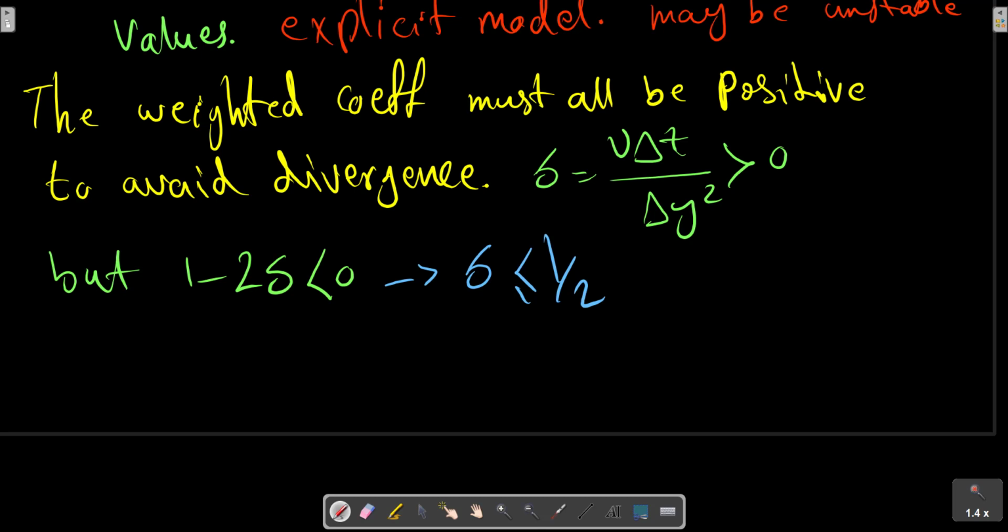Normally one would first set up the mesh size delta y. To avoid divergence, we should choose the appropriate size of delta t and delta y.